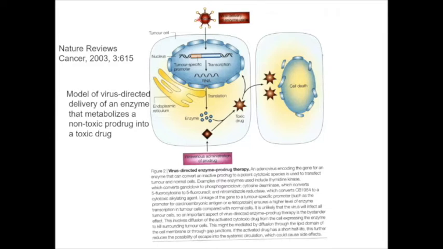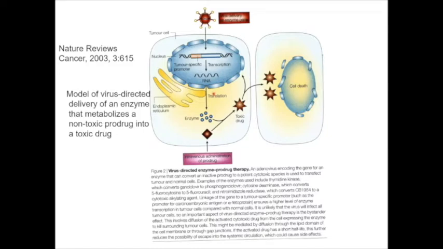We also make our own thymidine kinase, but it will not change this prodrug into an active drug. So the virus goes in, it makes the thymidine kinase, RNA makes the enzyme. When the person has received the prodrug, the enzyme goes in, phosphorylates the prodrug, makes it be toxic, and it kills the cancer cell.